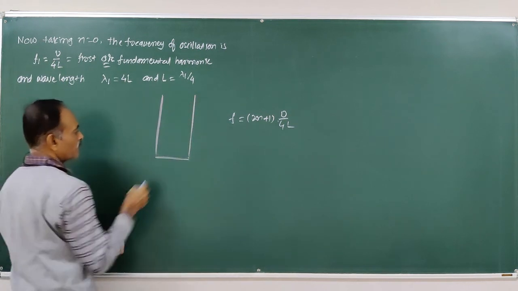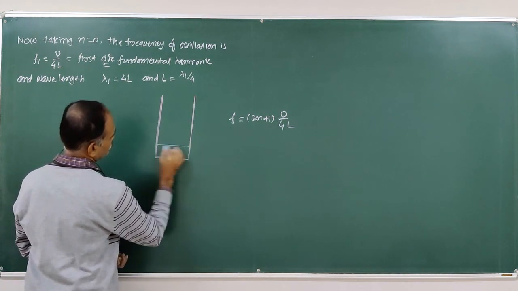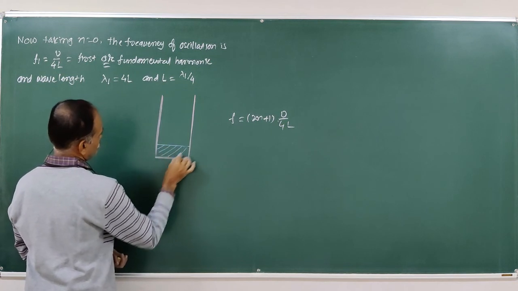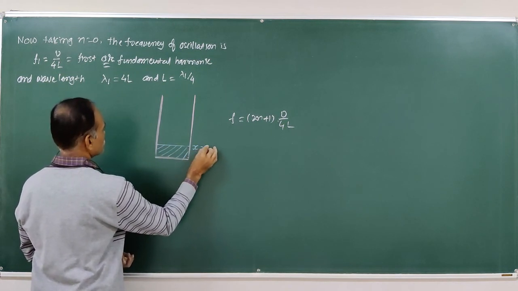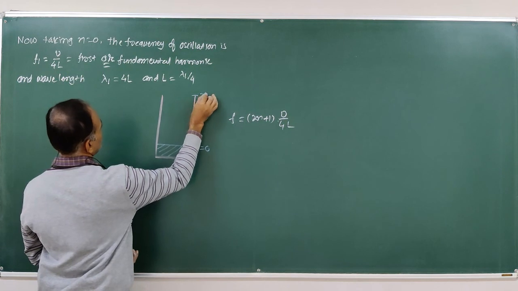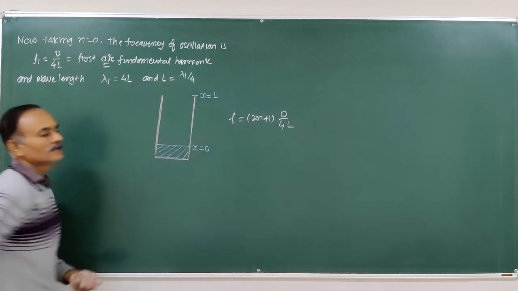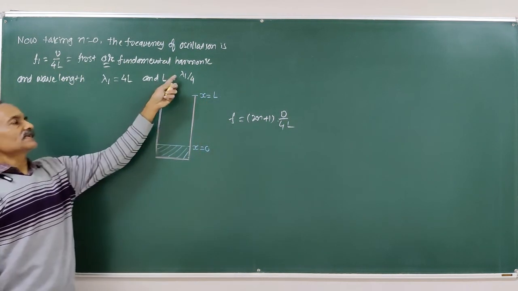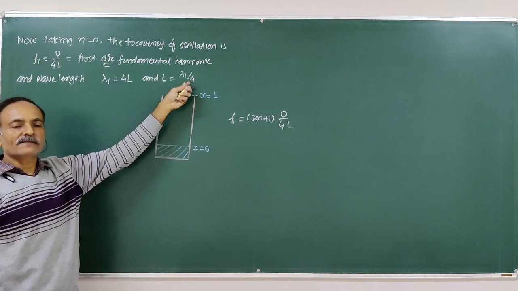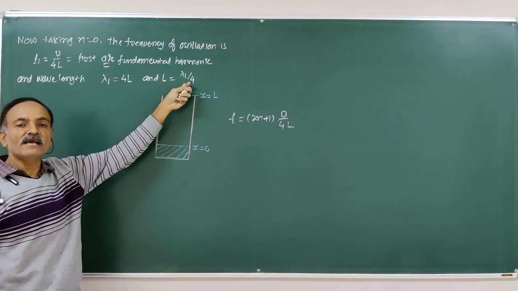So x is equal to 0 at the water surface, and at this point x is equal to L. So in length L, λ by 4, that means the fourth part of one wavelength is produced.